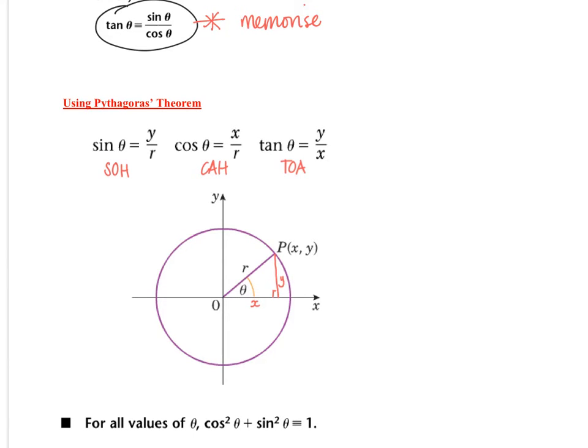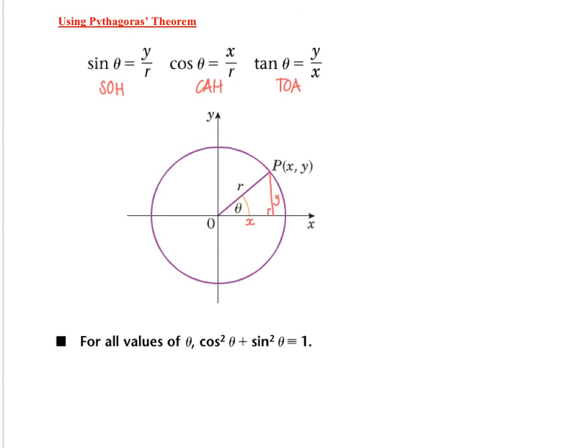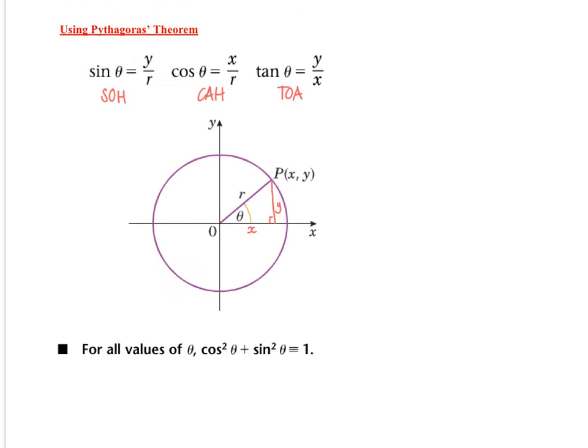Then if we decide to define the loci of P, so it's the point on the circumference of a circle, then we can say that applying Pythagoras' theorem, we get x squared plus y squared is equal to r squared.